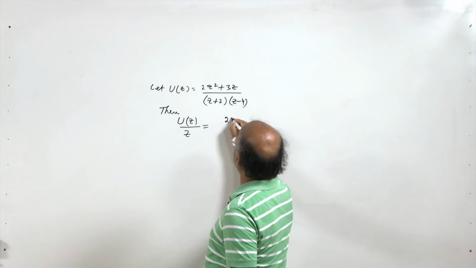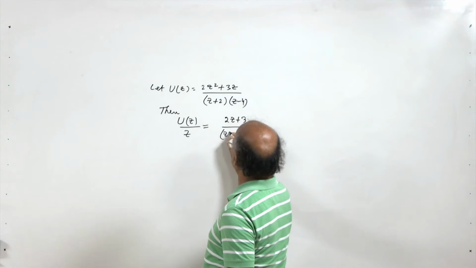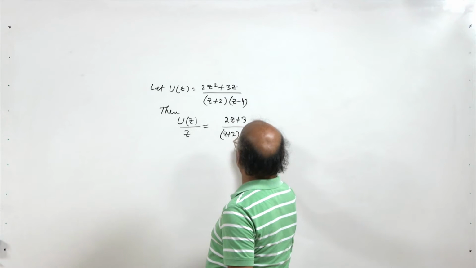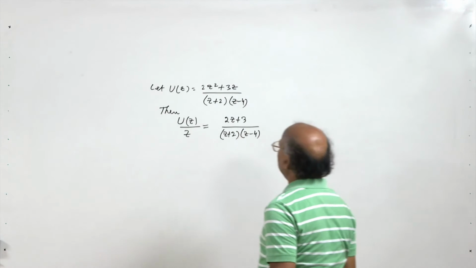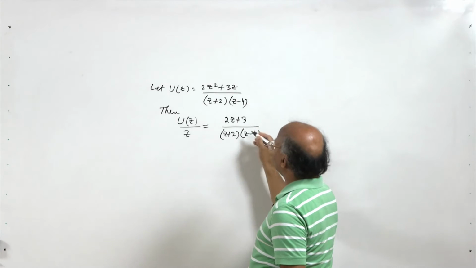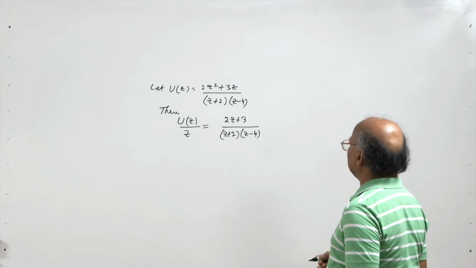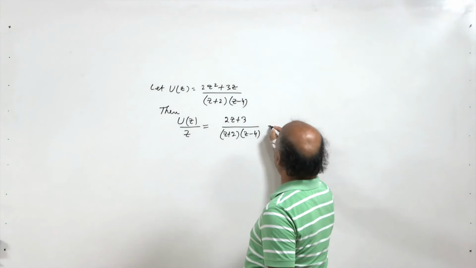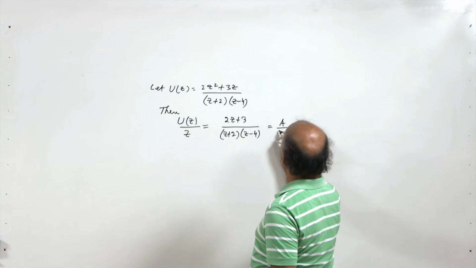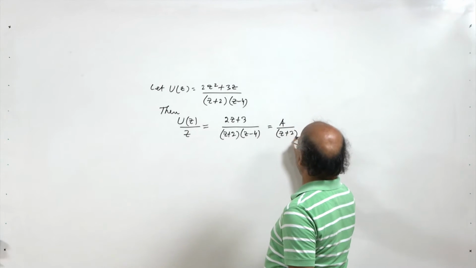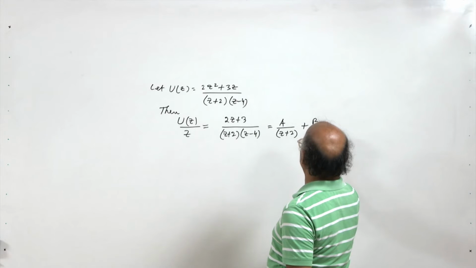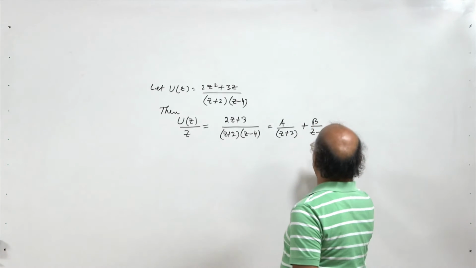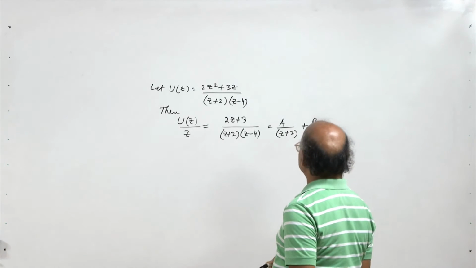This will be (2z plus 3) divided by (z plus 2)(z minus 4). We will break this into partial fractions. So, let us write this as A over z plus 2 and B over z minus 4. Then the values of A and B can be found easily.